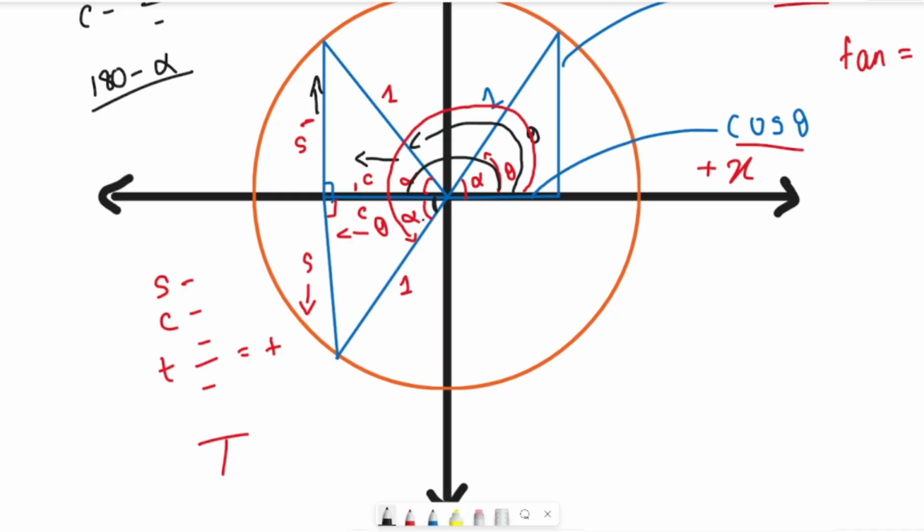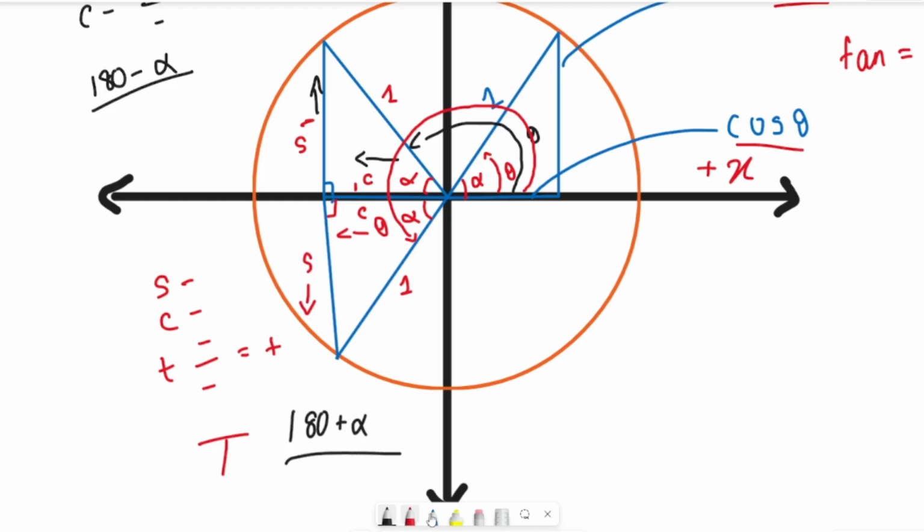And then I'll get the angle theta, which starts from here and goes all the way around. So I can say to find theta in the third quadrant, I can do 180 plus alpha. Alpha in this case is the basic angle, obviously. So this is for the third quadrant.